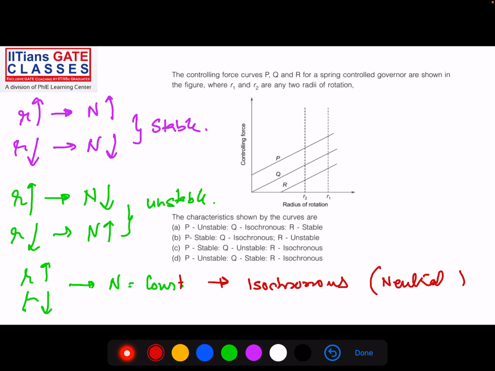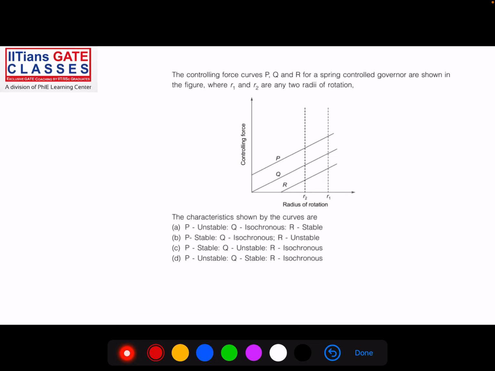So let us try to see how we can say if the speed increases or decreases. I will give you one example quickly. Let us draw two speed lines, one speed line and another speed line, passing through R1 and R2.